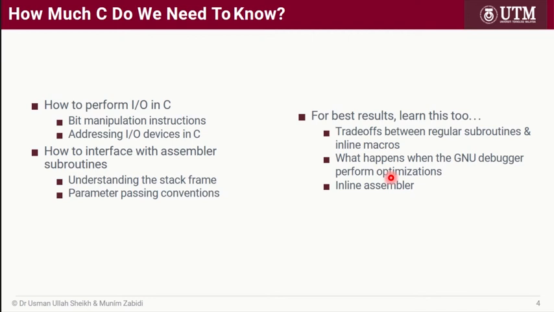Then you need to know what happens when the GNU compiler performs optimization, as well as the inline assembler. The inline assembler is a feature of some compilers that allows low-level code written in assembly language to be embedded within a program, among code that has otherwise been compiled from a high-level language such as C or C++.